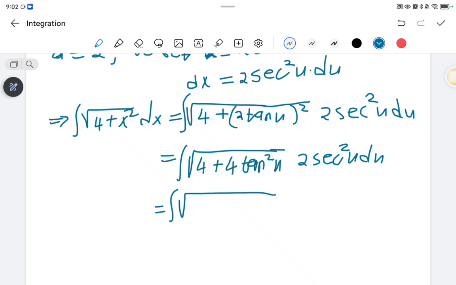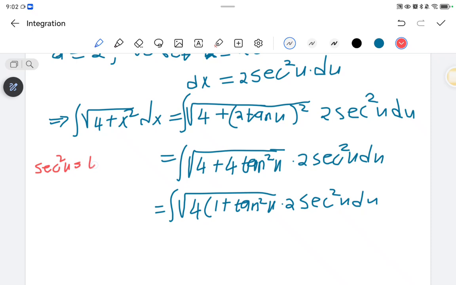This will be equal to the integral. I factor out 4 inside, with 1 plus tan squared u times 2 sec squared u du. And we know that sec squared u is equal to tan squared u plus 1.